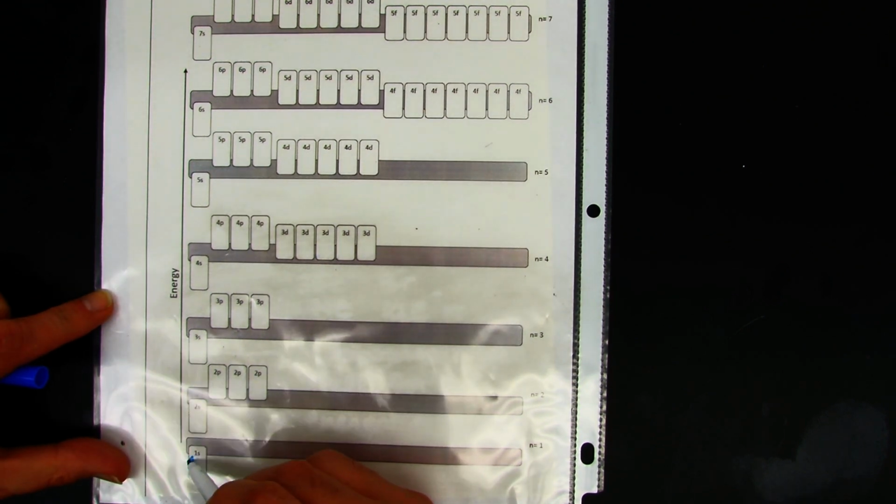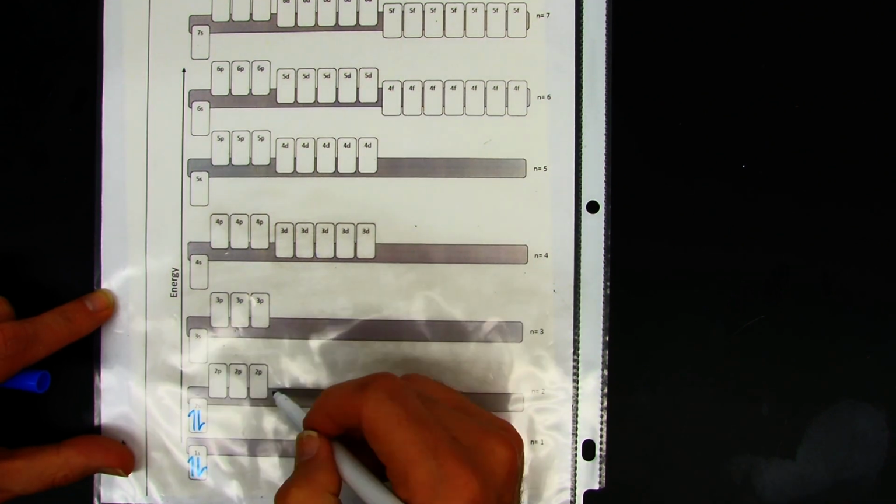Okay, we have phosphorus with 15 electrons, so we start by filling up the bottom. The 1s orbital is spin up, spin down, so there are 2 electrons there. We keep moving up to the next higher sublevel, the 2s orbital. Spin up, spin down, so that's 4 electrons. We have 11 more.